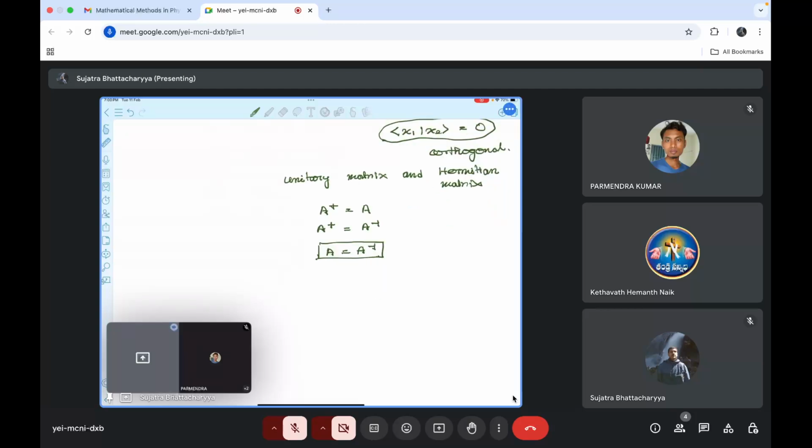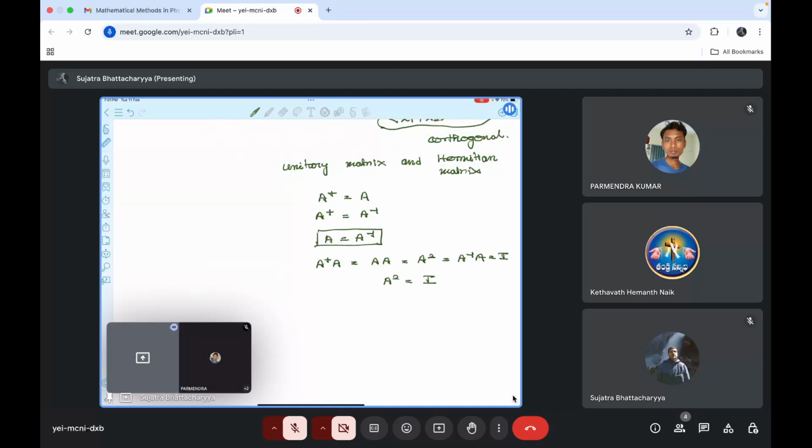So what we start with here is, say, A dagger A is equal to what? A dagger is nothing but A, so A into A, which is A square. And A dagger A is also equal to A inverse A, which is nothing but I. Therefore, A square is equal to I. Now, this is only a matrix; we have to operate it on some vector.